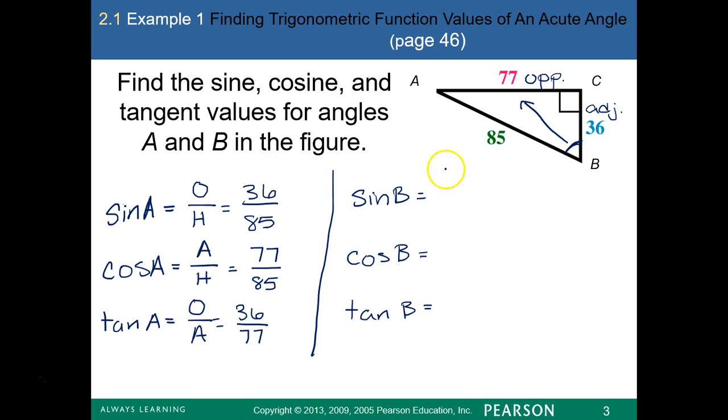All right, sine of B, remember, is opposite over hypotenuse, but now our values have changed around. So it's 77 over 85. Cosine of B is now 36 over 85.